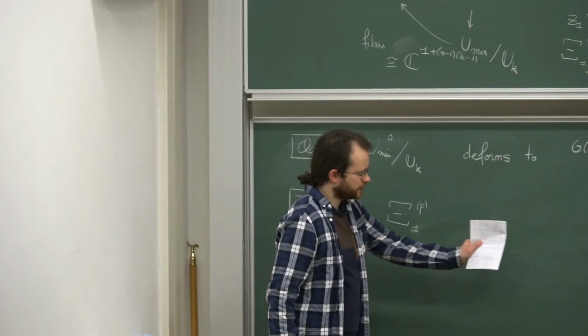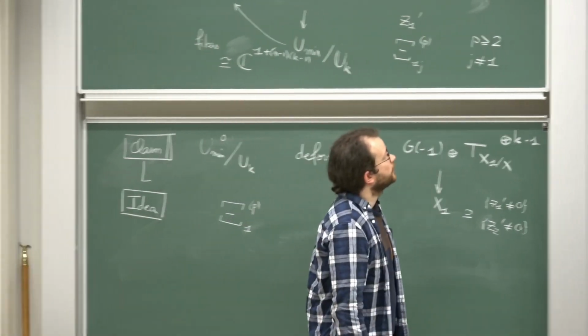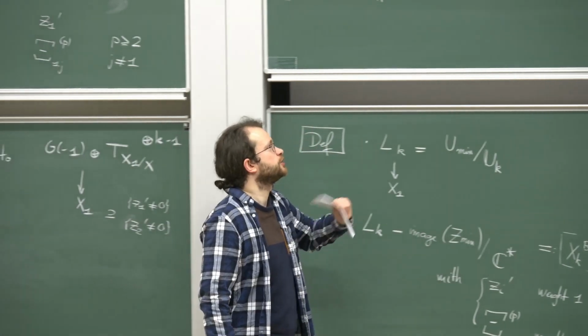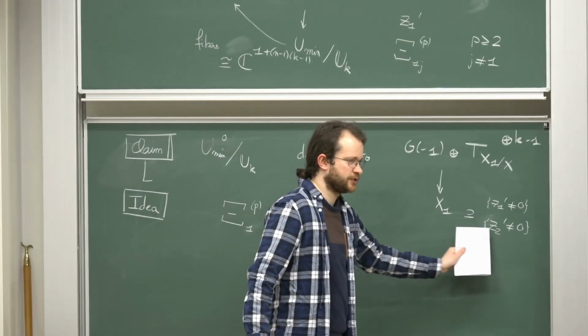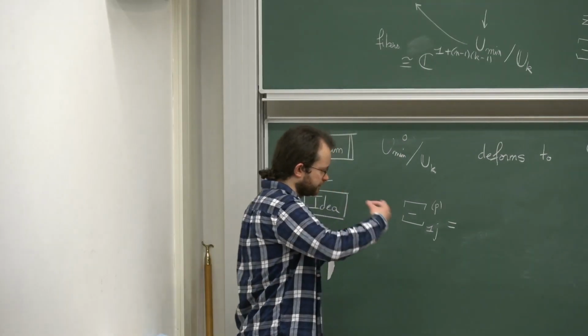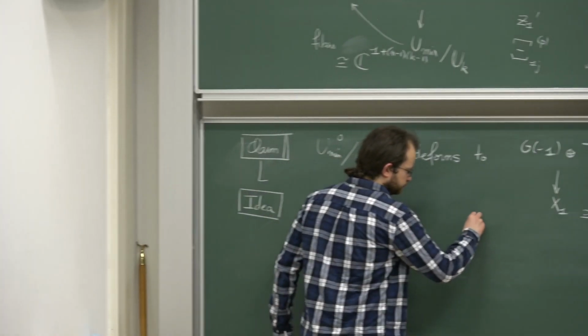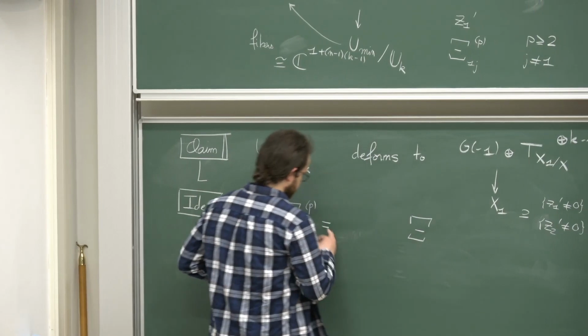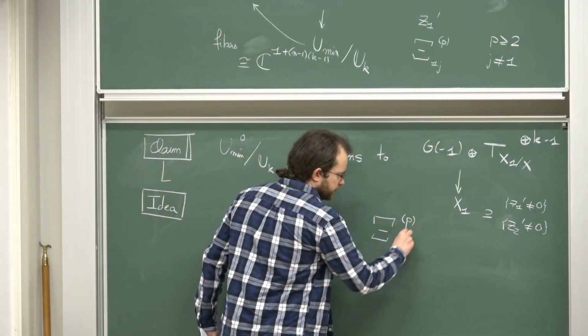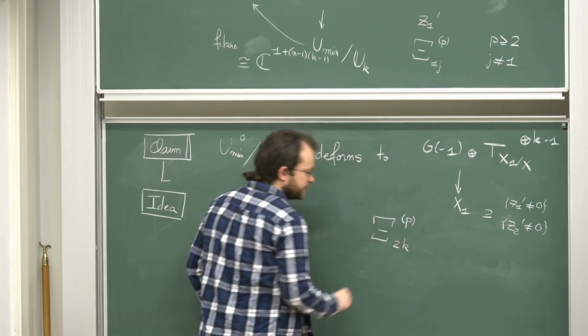On those two charts, you have the coordinates which I have introduced over there, Z1 prime and the psi ij, and similarly on the chart Z2 prime. Well, I claim that if you want to express the change of coordinates, you can express, for example, the psi p1j in terms of the psi p2k.